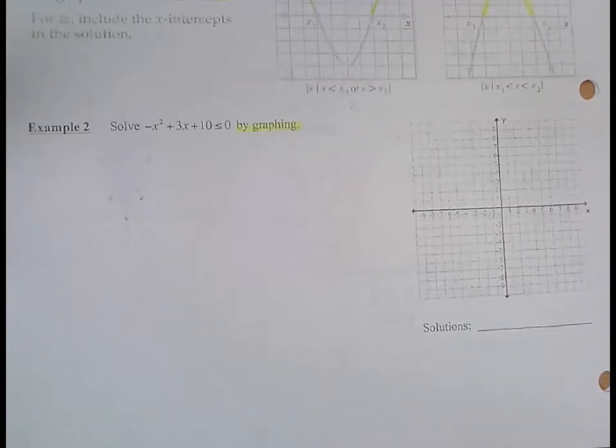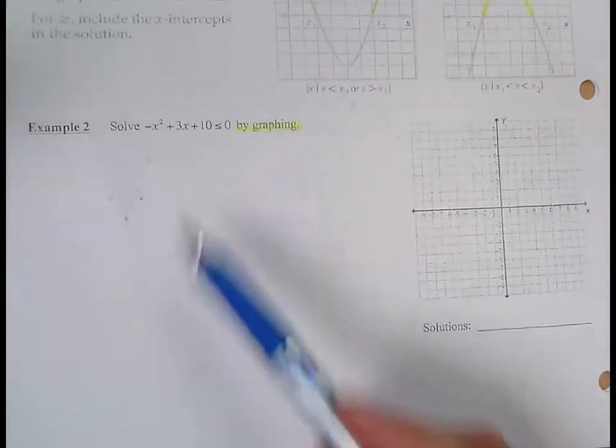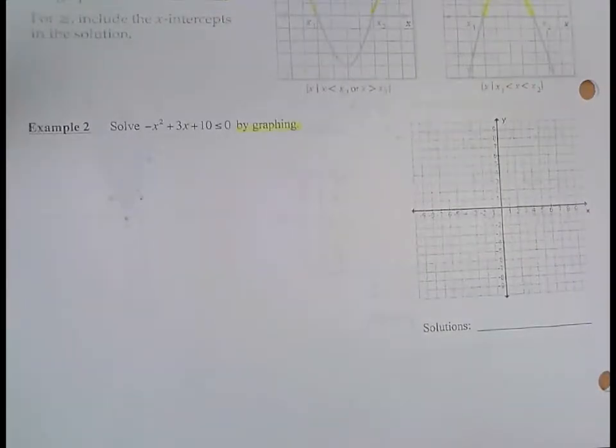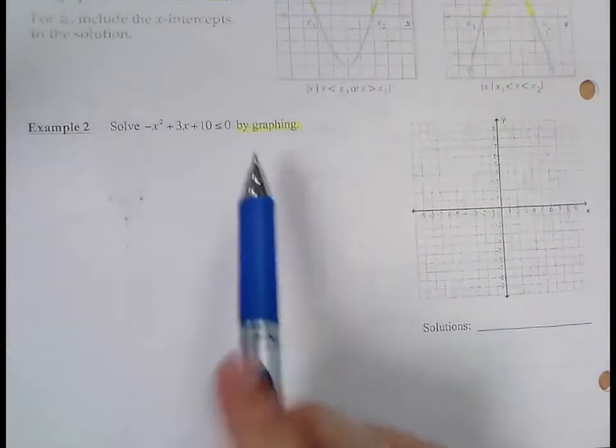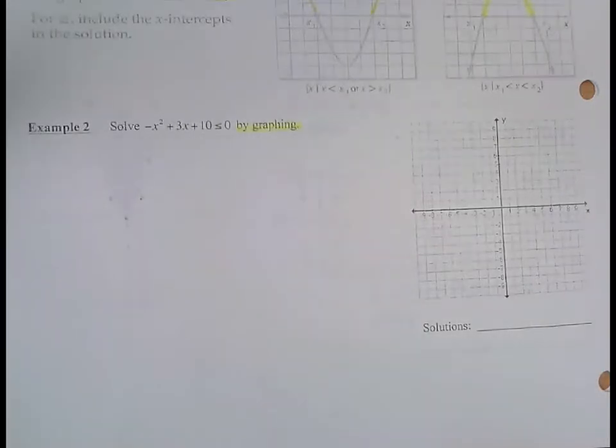So to solve by graphing, now this does not mean that you need to find the axis of symmetry, find the vertex, plot 5 points, make this really detailed graph. You don't need to do that. You can, but you don't need to. Here's what I need you to do when you have a problem like this.